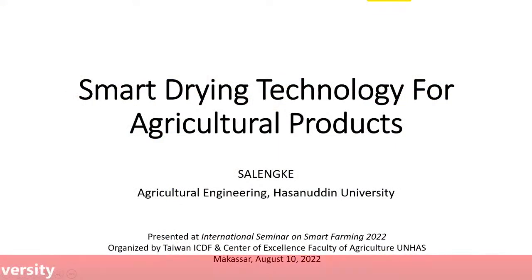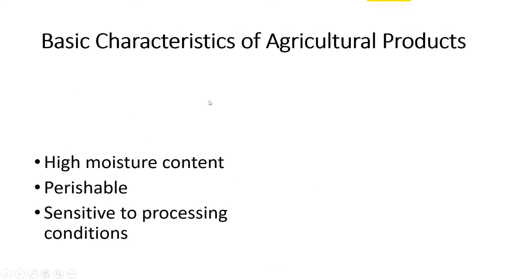Okay, thank you. Good afternoon, everybody. Thank you to the organizing committee for inviting me to talk at this seminar. The topic that I was given is smart drying technology for agricultural products. First, we need to know about the basic characteristics of agricultural products.